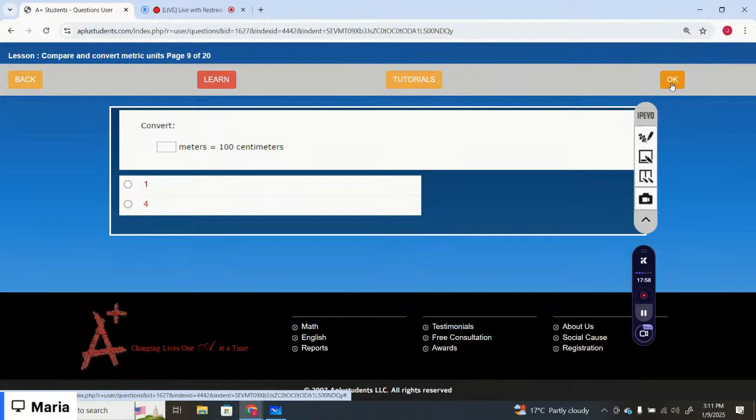Convert 100 centimeter. That is 1 meter equals 100 centimeter.